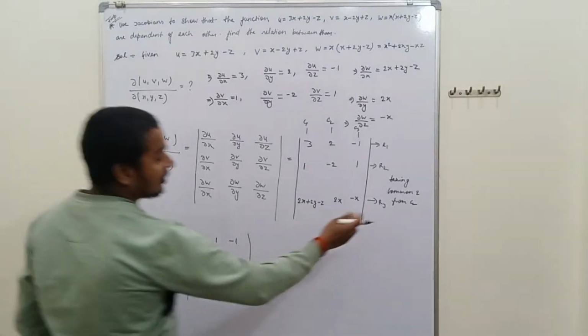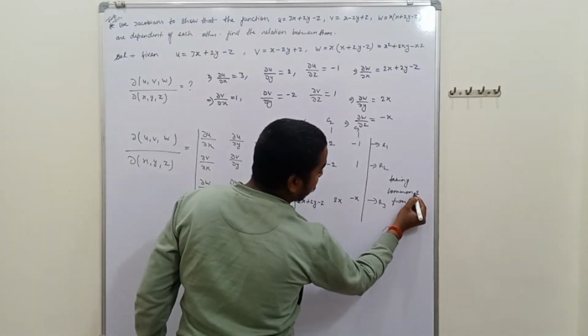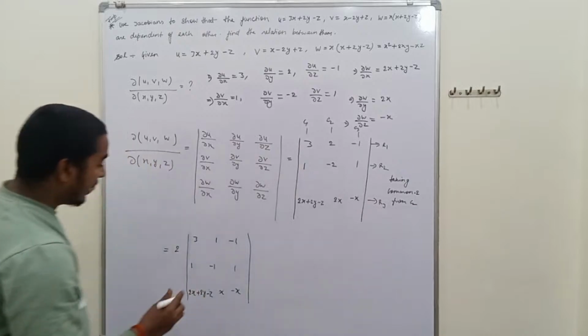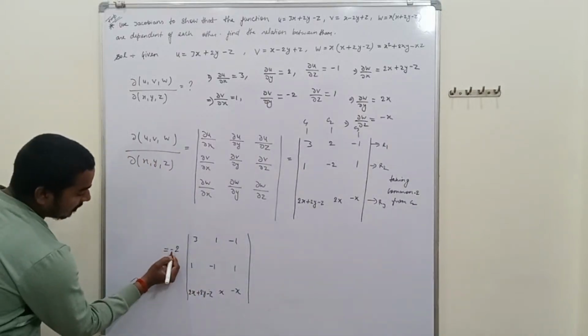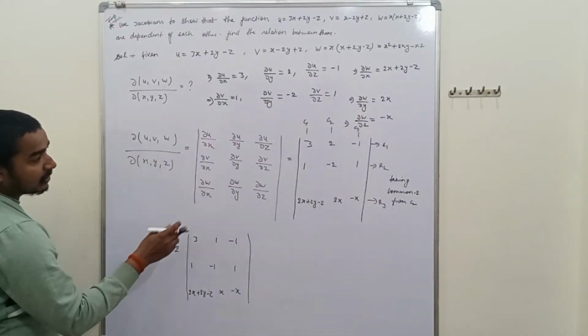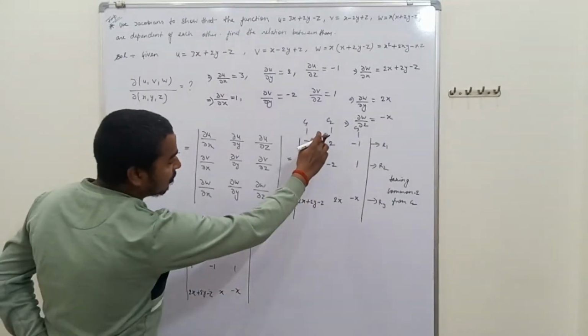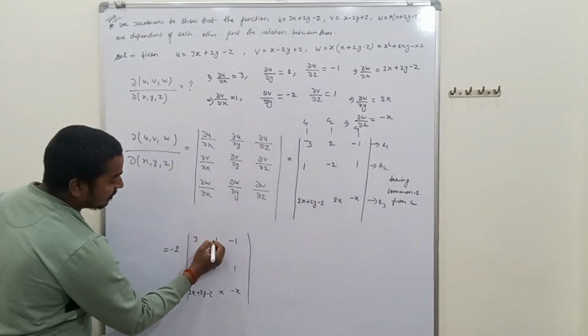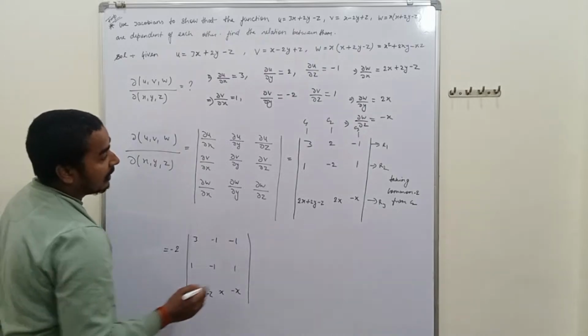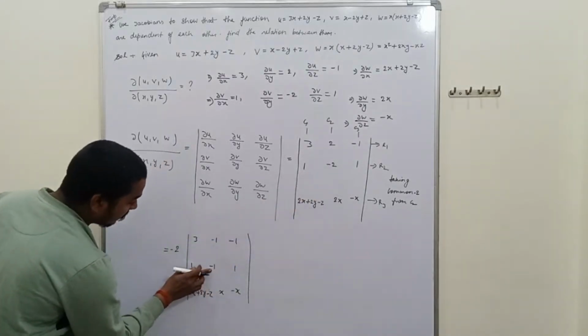Taking common minus of 2 from C2, column 2, this is minus 1 and this is plus 1.